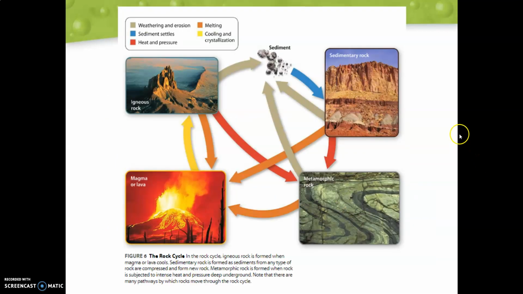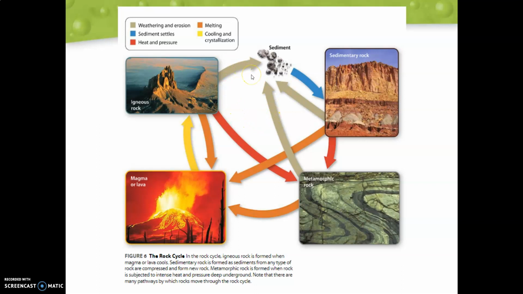And then this is an overview of the cycle and how everything is related. You have your three different types of rock: igneous, sedimentary, metamorphic. And then we also have in this cycle sediment and then magma or lava. All these different arrows are colored and represent what can happen between different parts of this cycle.